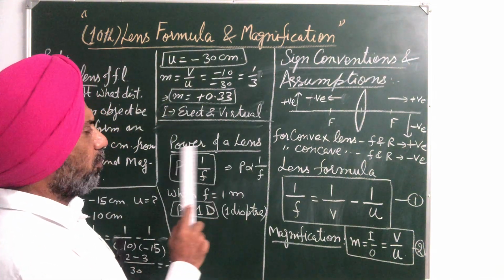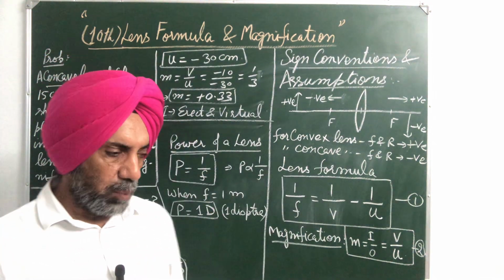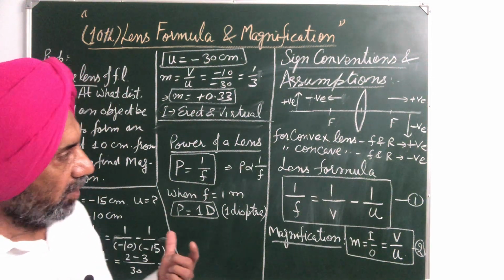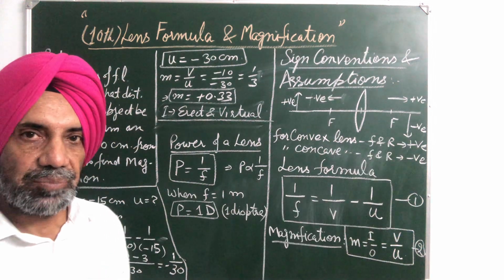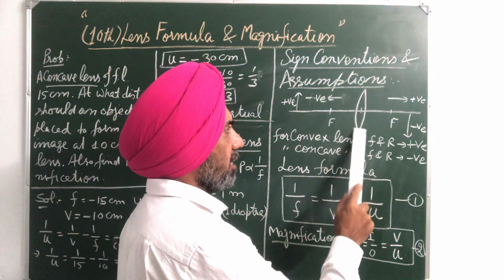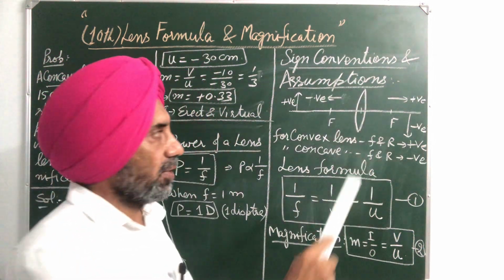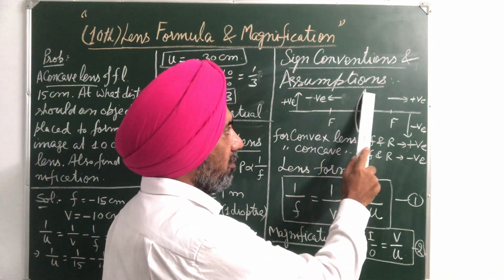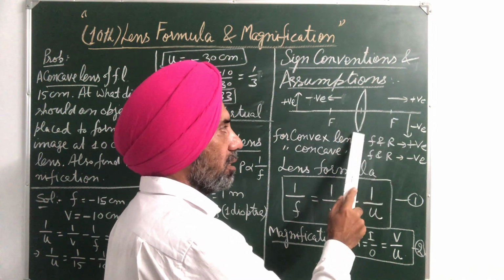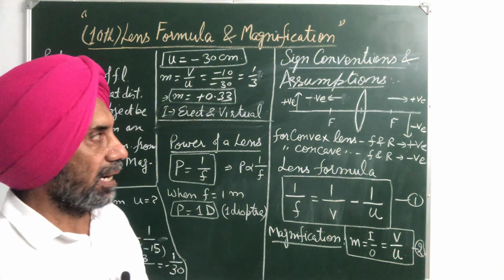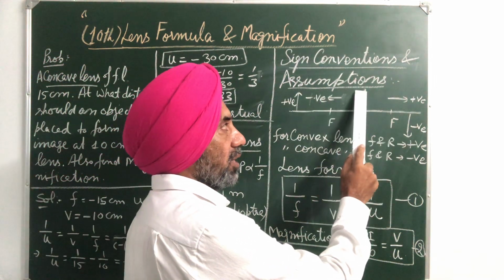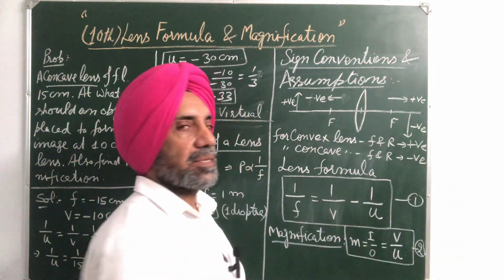Then we define the power of a lens. When the focal length of a lens is small, say we have a convex lens of shorter focal length, then it will converge the rays very close to the optical center. And if the focal length is large, it will converge the rays far away from the optical center.